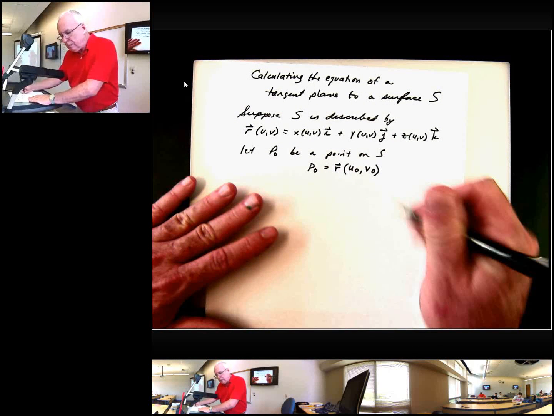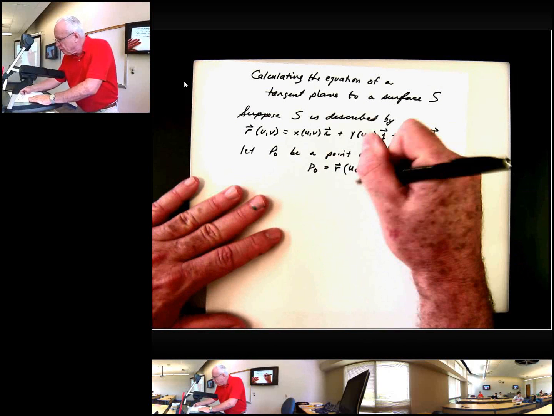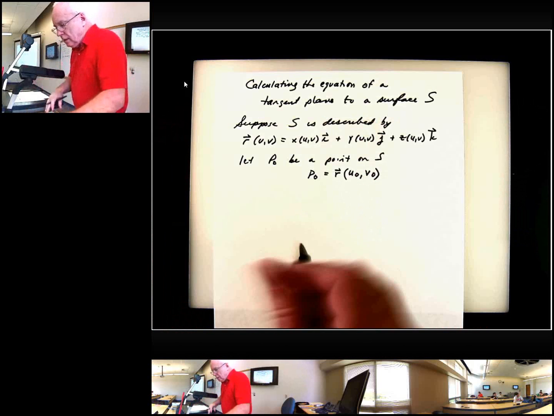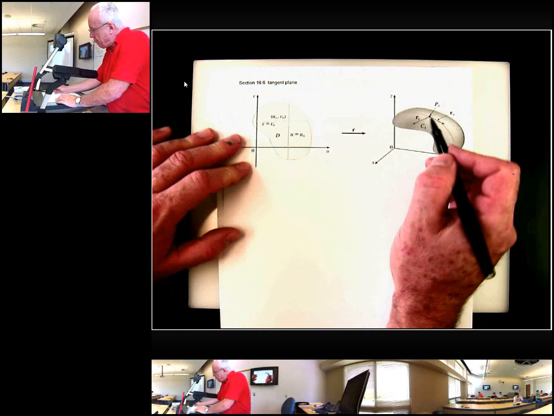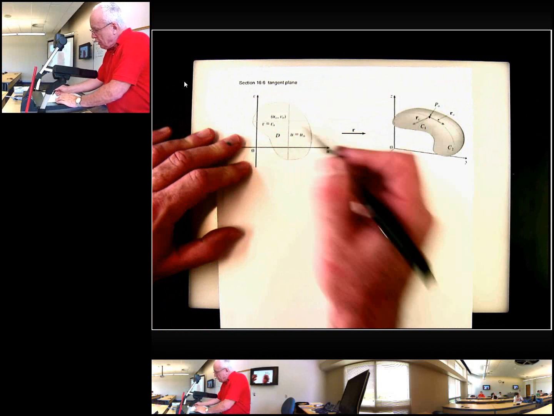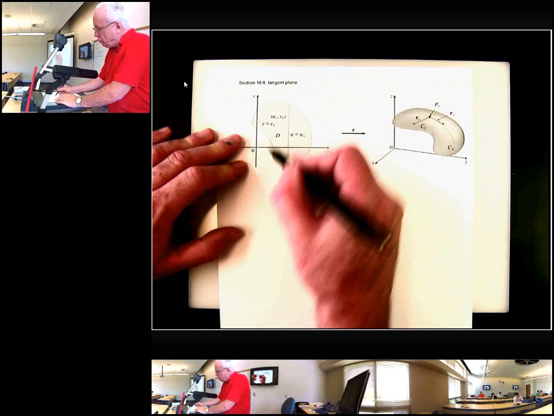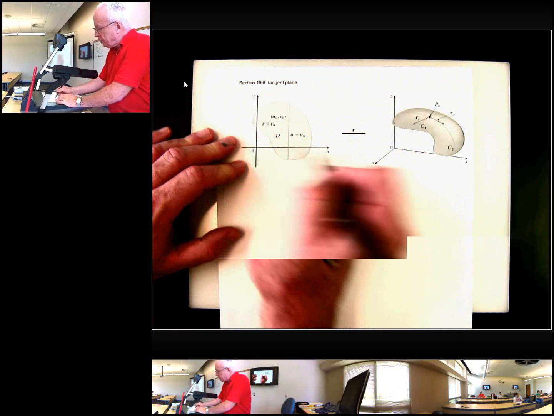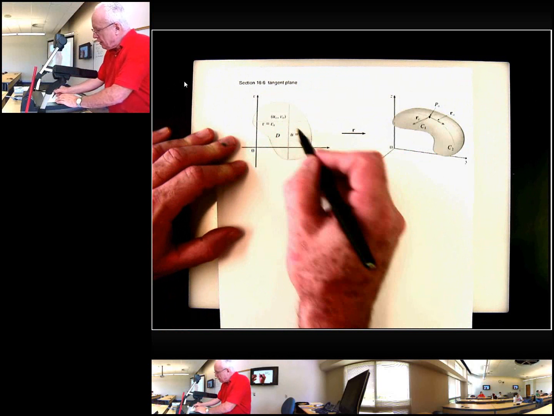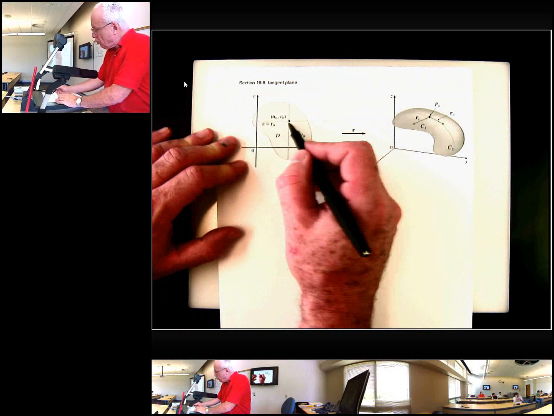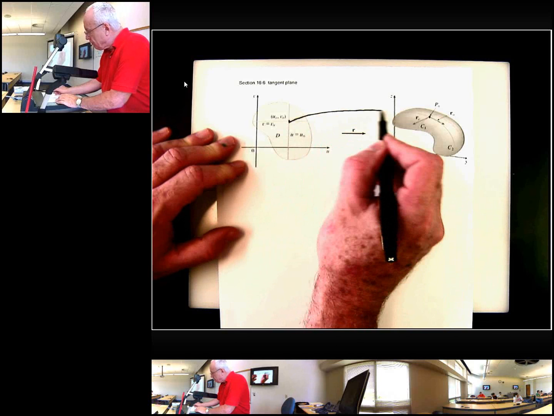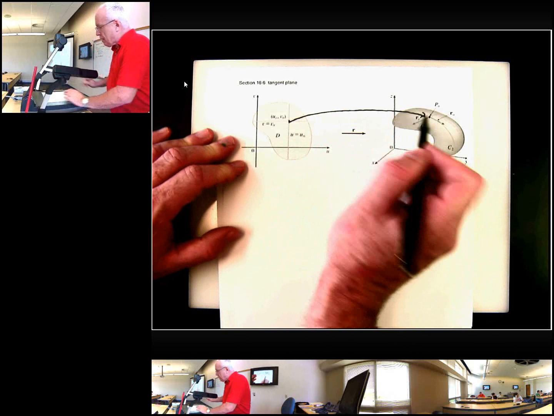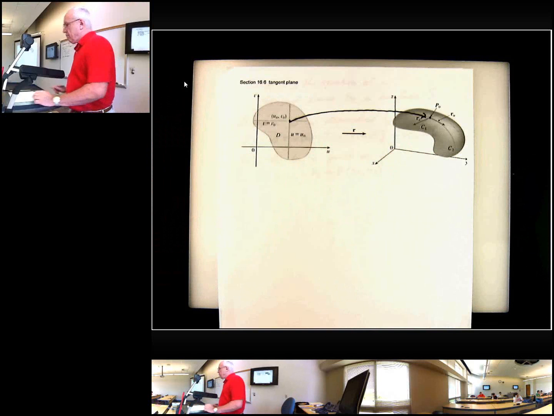So basically, let me go back here to this for a minute here. We have a particular point here. Over here in our 2-dimensional u and v plane that are our parameters, this particular u naught, v naught, that maps using our vector function to that particular point. Okay.